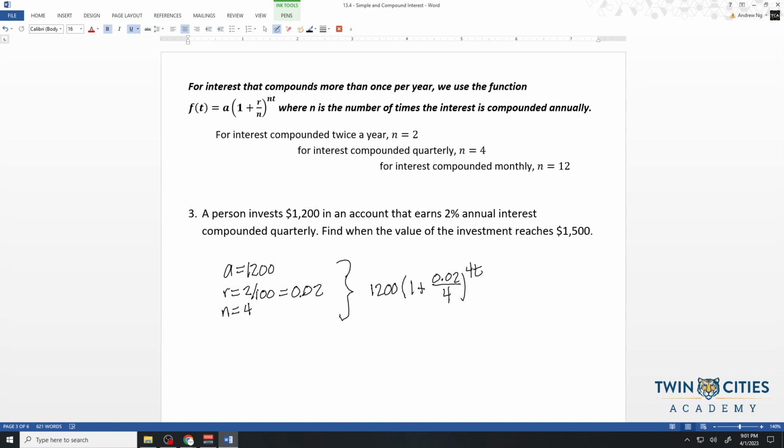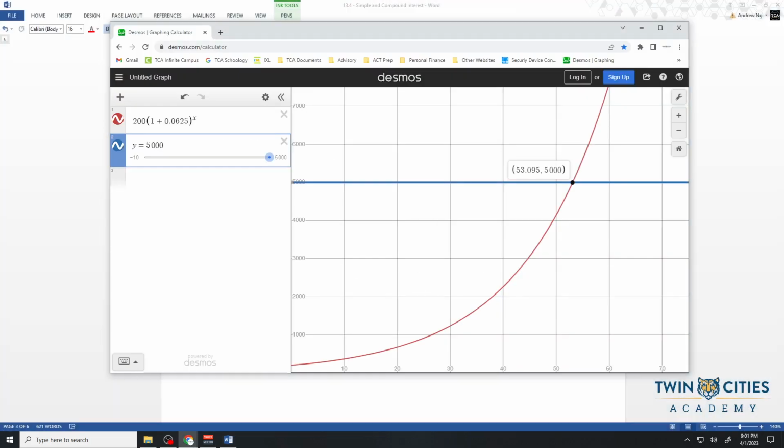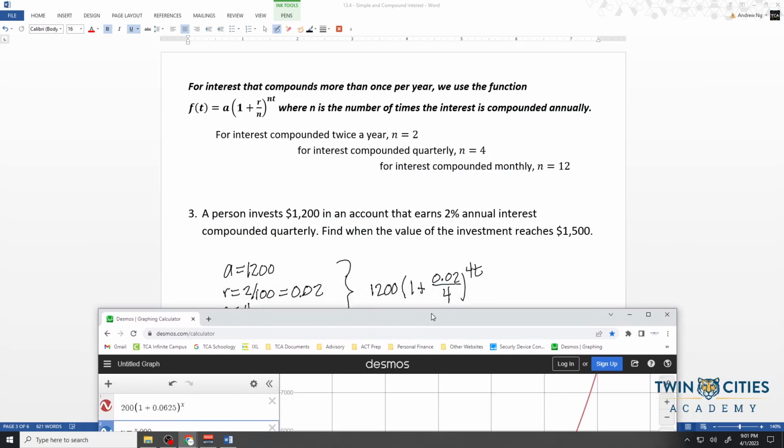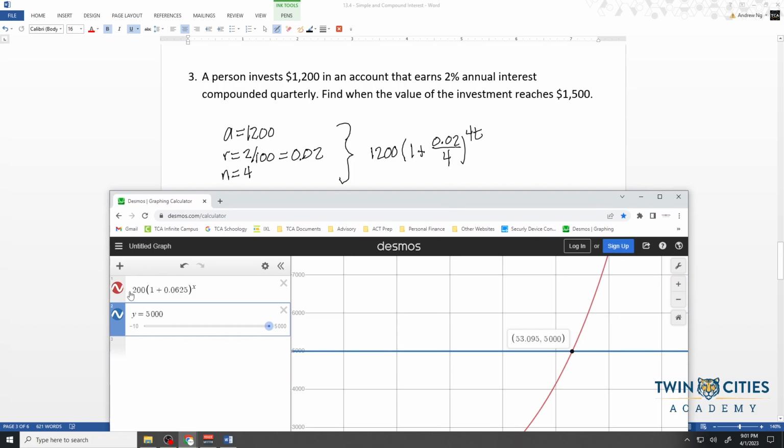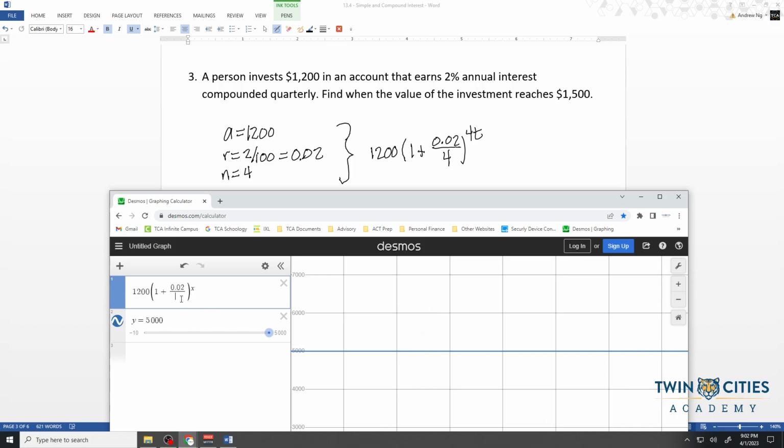All right, let's grab the graph and start plugging away. So 1,200 parentheses 1 plus, let's make this 0.02 over N is 4, and this will be brought to the 4x.